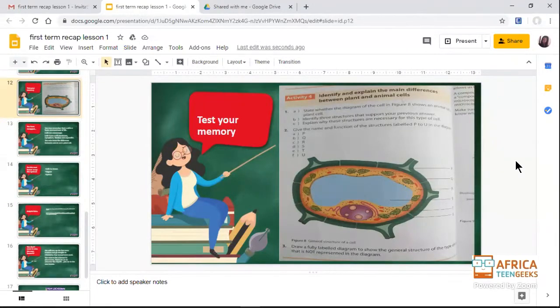And C, explain why these structures are necessary for this type of cell. Number 2, give the name and function of the structures labeled P to U in the diagram. So this is P, Q, R, S, T is the greenish organelle, and U, and draw a fully labeled diagram.